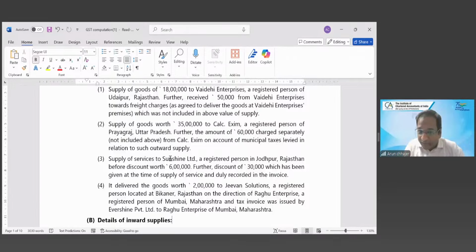Supply of the service to the Sunshine registered person in Jodhpur before discount is 6 lakh. Discount of 30,000 which has been given at the time and duly recorded in the invoice. So what would be the value on which I will charge the GST? किस वैल्यू पे मैं GST चार्ज करूंगा?